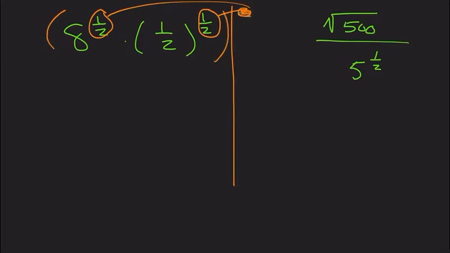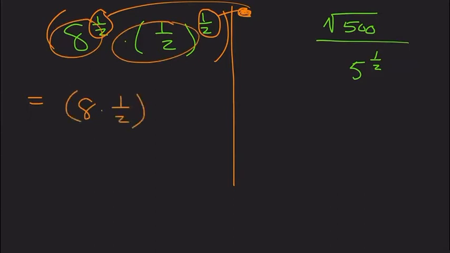you can pull that exponent outside the parentheses. So here we're going to be left with the 8 times 1/2. And then now this exponent of 1/2 is going to be on the outside. Now we've freed up these 2 factors on the inside. 8 times 1/2.